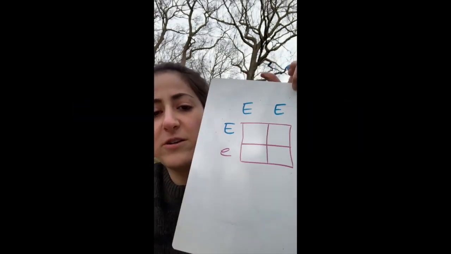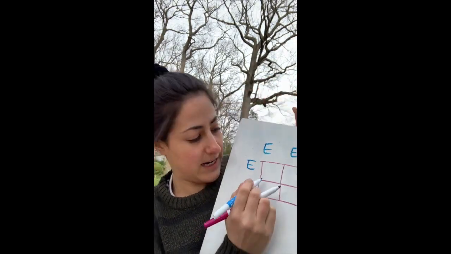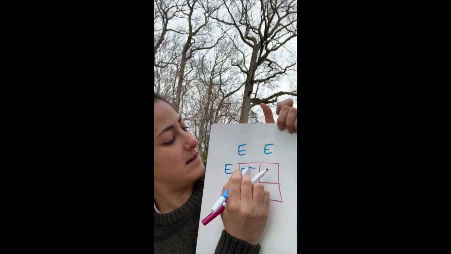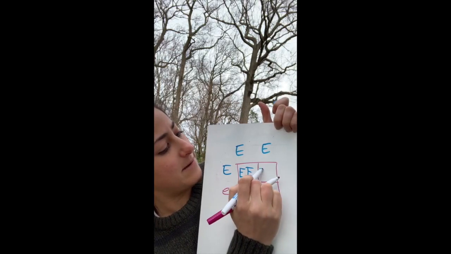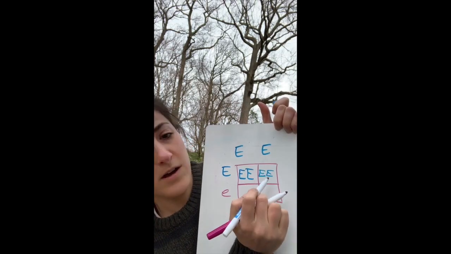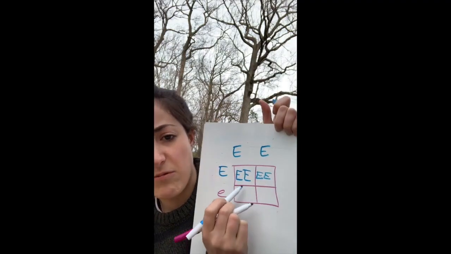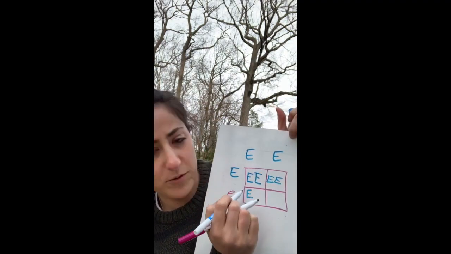Our last combination, we are crossing a homozygous dominant up top with a heterozygous. So this is going to come into this box, and we're going to get this E and that E, homozygous dominant. This E is going to come across, that E comes down, homozygous dominant. We typically write the capital first, just like when you start a sentence or a name.